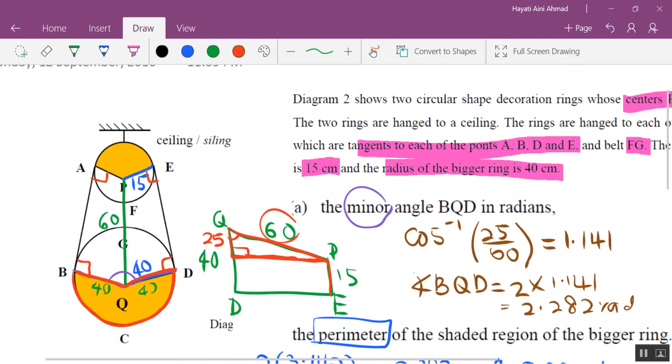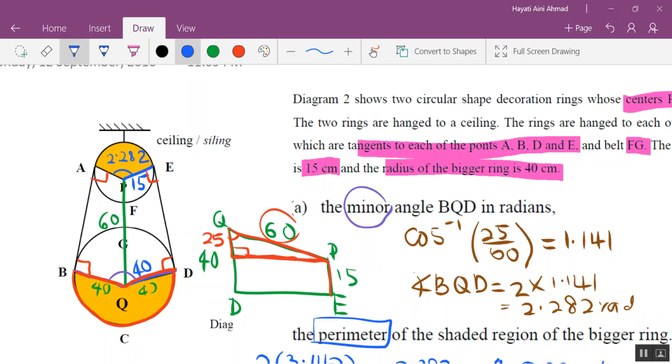So for example here, if this is a smaller circle but they share the tangent AB and ED, the minor angle of the smaller circle must be the same as the angle of the bigger circle.